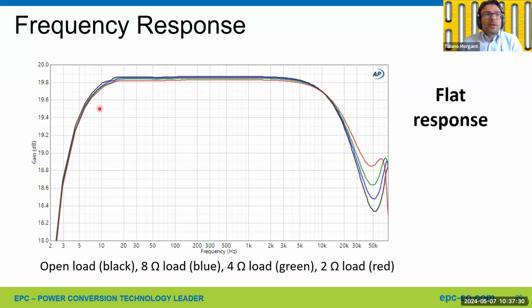It's to be noted, this is 0.2 dB per division, so it's very flat. From 20 Hertz to 20 kilohertz, there is maybe less than 0.5 dB drop at 20 kilohertz. And the output impedance was measured to be pretty low. It's about 8 milliohm at 1 kilohertz and about 25 milliohm at 20 kilohertz.